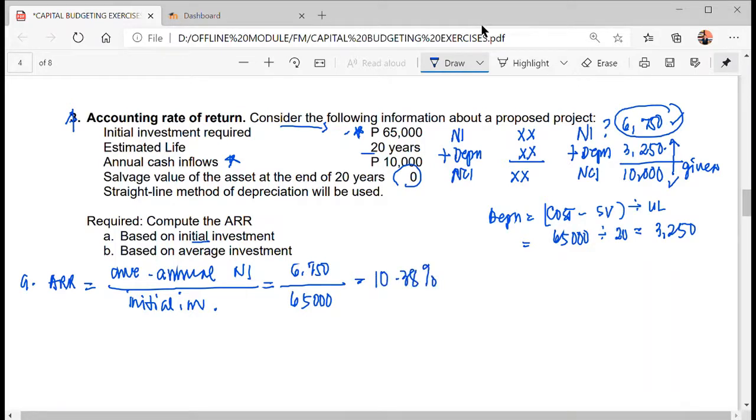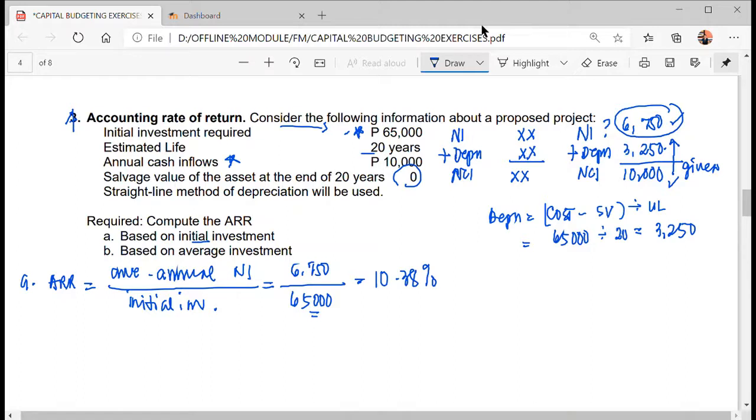What does that ARR mean? This is how much you will get if you invest in this kind of project. So, if you spend money worth 65,000 for a specific investment, what you get every year from that investment would be 6,750. So, you can measure what you get back, right? If you are the investor, you're interested to know what you will get from this investment.